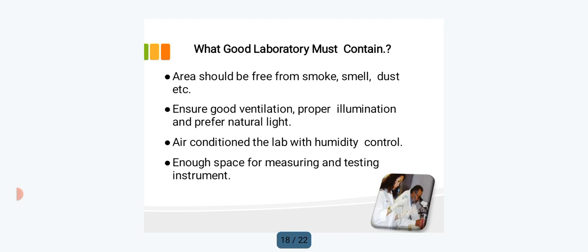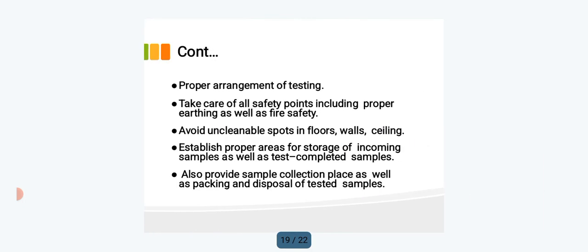What must a good laboratory contain? The area should be free from smoke, smell, dust, etc. Ensure good ventilation, proper illumination and proper natural light. Air condition the lab with humidity control. Provide enough space for measuring and testing instruments, and proper arrangement of the test setup.